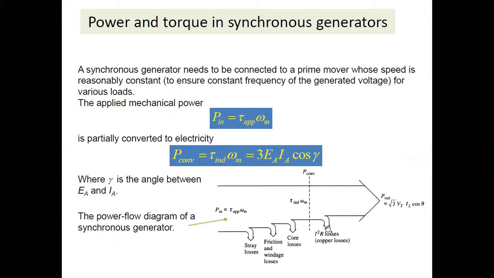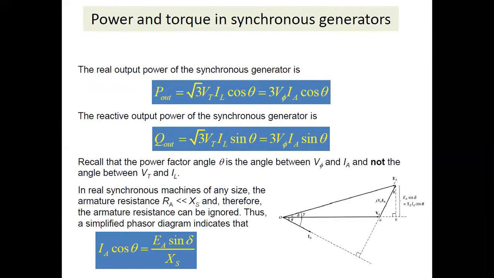Apart from this, we get the power output from the synchronous generator, which is given by root 3 V_T I_L cos of theta. The real power output from the synchronous generator is given by root 3 V_T I_L cos of theta.